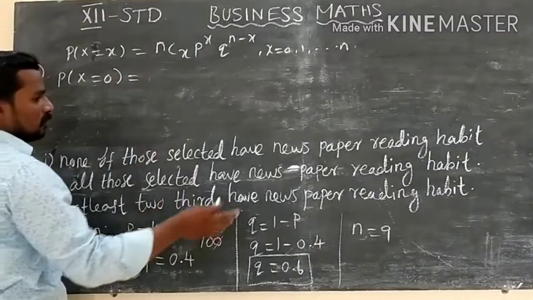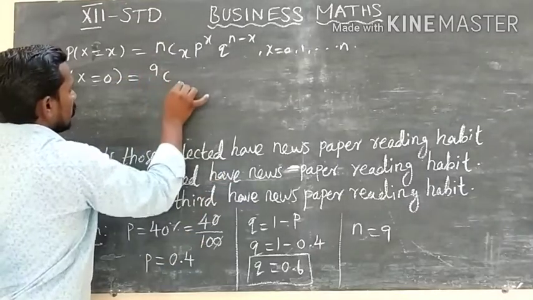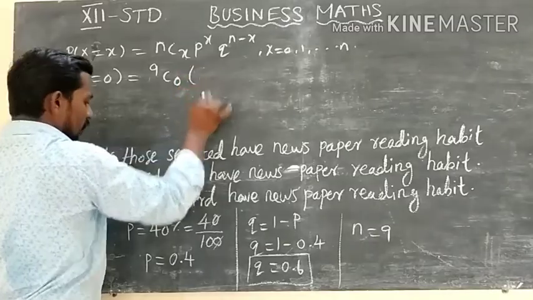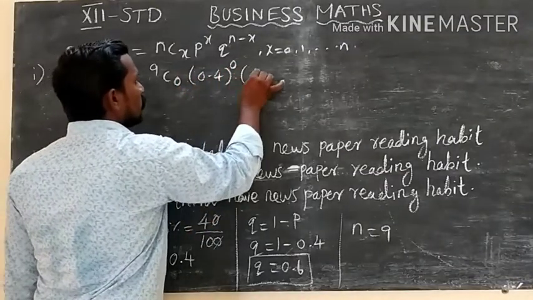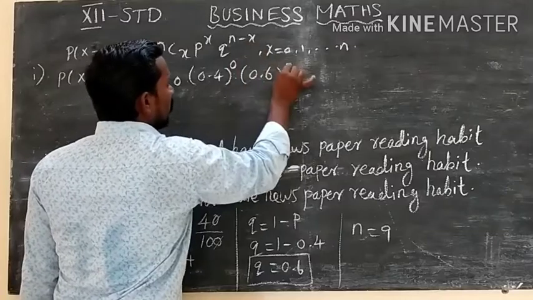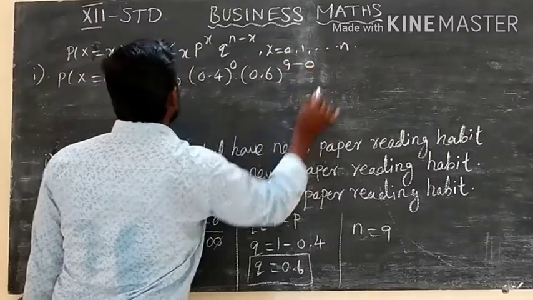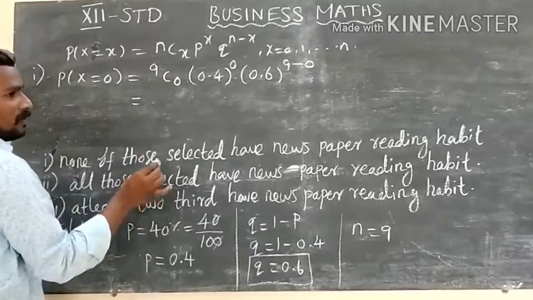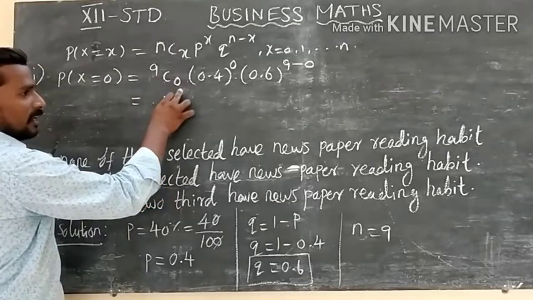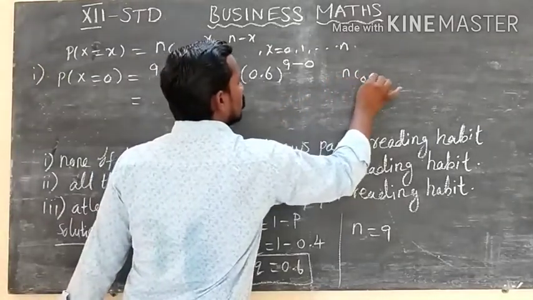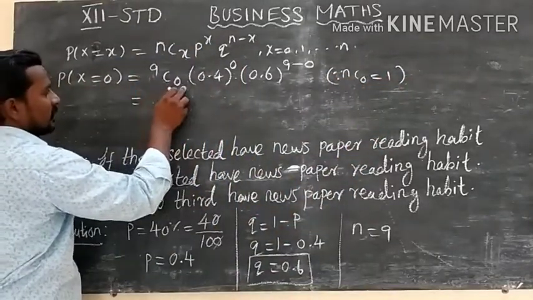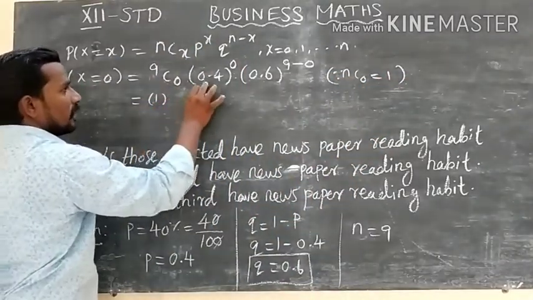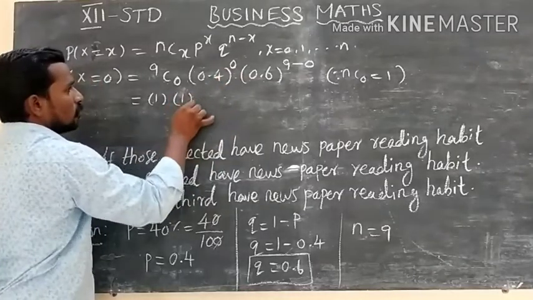Replacing the values: n is equal to 9, x is equal to 0, p value 0.4 power 0, then q value 0.6 power 9 minus 0. Now simplifying, nC0 is equal to 1, so 9C0 is 1. Any number to the power 0 is also 1.